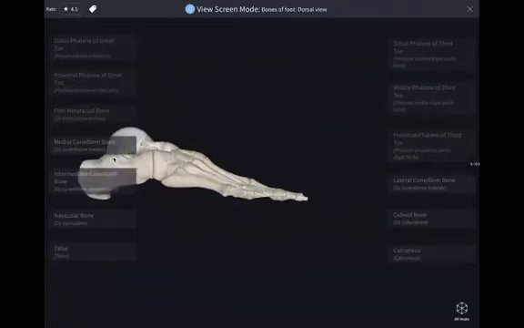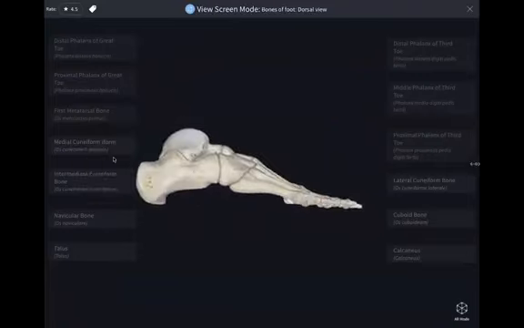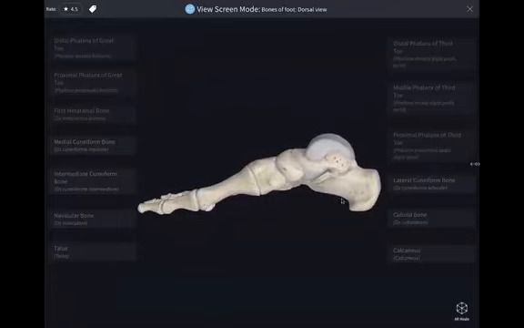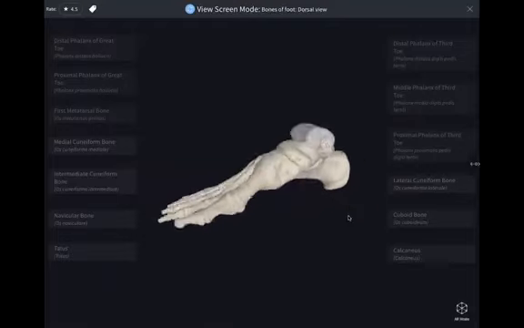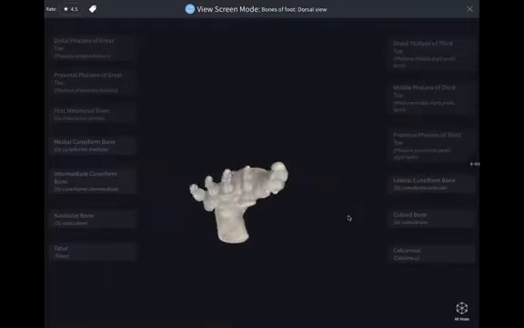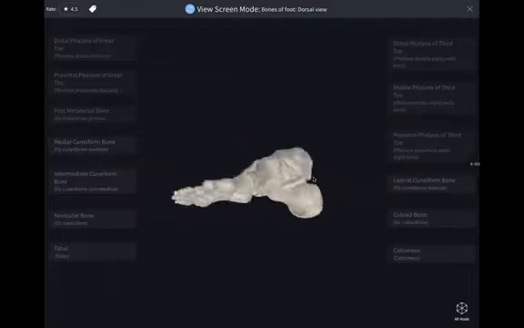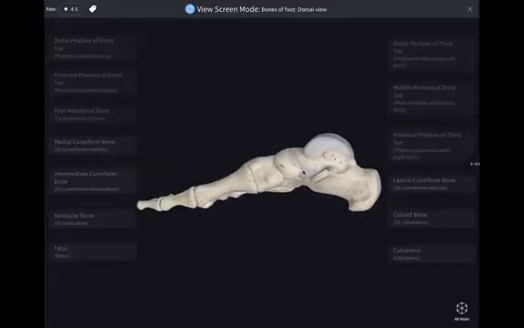And if you see from this view, this is the lateral longitudinal arch. And if you see from this aspect, it will be your medial longitudinal arch. Also, you can have a transverse arch if you see from the front. So this will be your transverse arch. Okay. So there are mainly 3 arches.